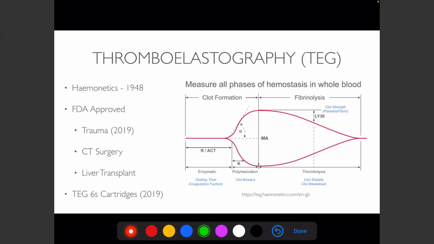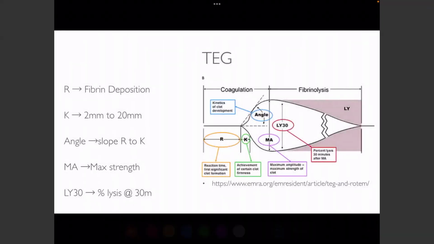So it takes the pipetting component out of it. What you have to do for a Rotem or a TEG is you micropipette blood into your vials, and then you have to add it to the machine. So it's a little more labor intensive. These cartridges are a little nice because they're more user friendly. You just add a drop of blood into a cartridge and then kind of plug it in. So I think the cost is still incredibly high though. But that's just for completion's sake. I just wanted to talk about that.